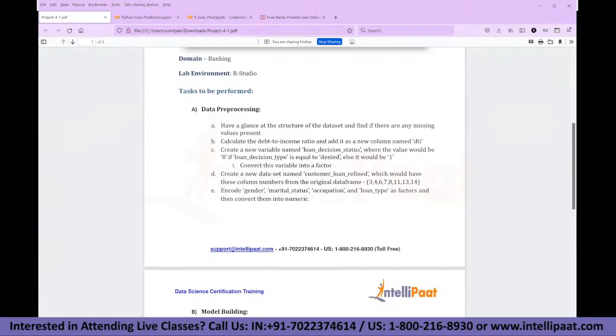Debt to income ratio is nothing but, for a particular applicant, what is the debt, and what is the monthly income this person has, right?